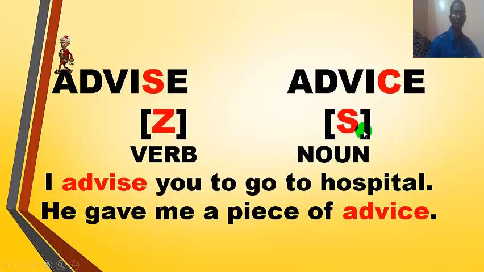advice. Donc, la différence qu'il y a entre le verbe advise avec S prononcé Z, advise, et le nom conseil, un conseil, advice, avec un C, on prononce S. Cependant, il y a aussi autre chose à savoir, c'est que en anglais, le mot advice est un nom qu'on appelle un nom indénombrable, qu'on ne compte pas.